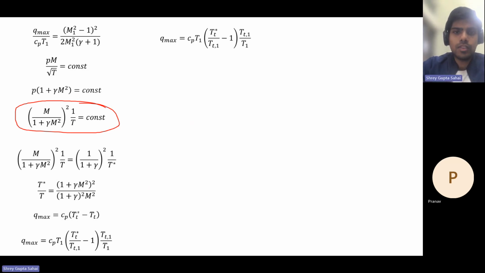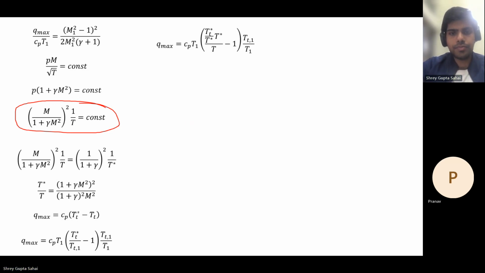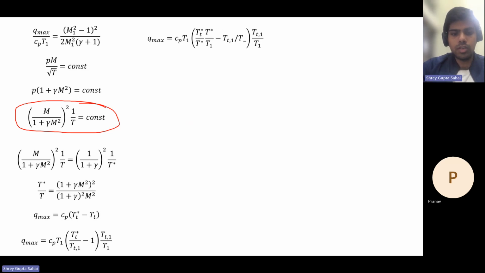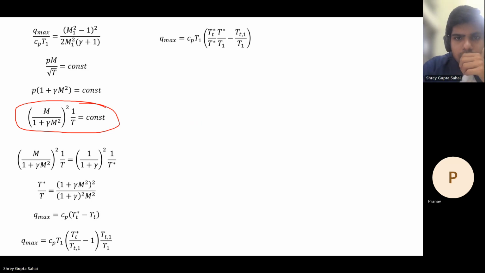Actually, you can write it this way rather than T star, and then T star by T1. T total by T1. This one is okay, right?